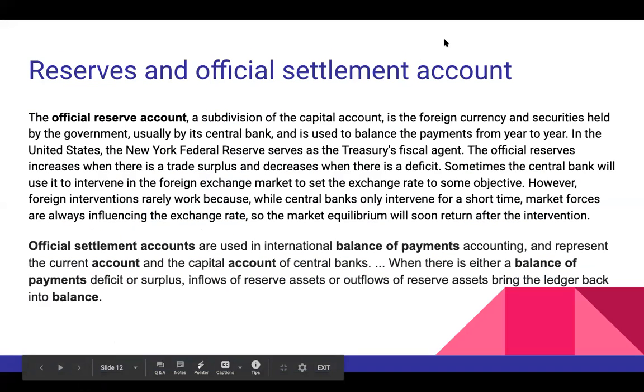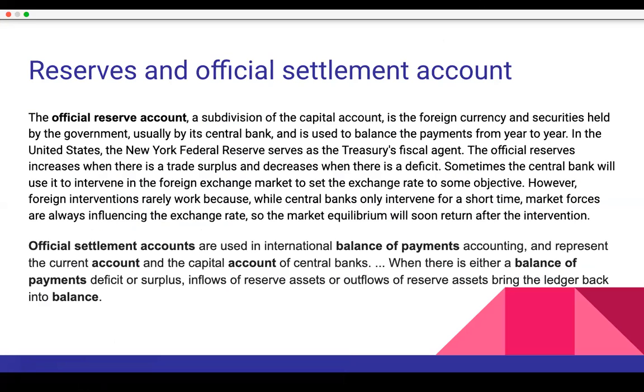Now we'll talk about reserves and official settlement account. When I spoke in the last class, I mentioned to you that whatever receipts or payments the country has, like for example, current account payments can be done out of capital account balance, right?